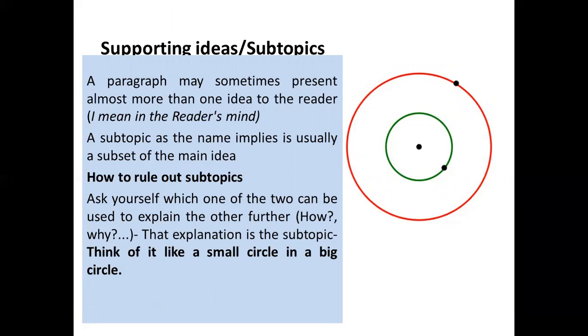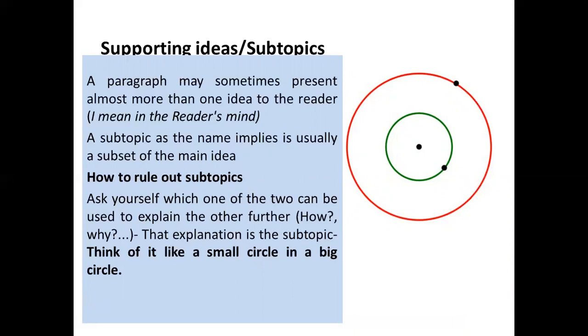And IELTS is going to list that same supporting idea in the list of headings because they know you are likely going to make that mistake. So it's like a pit being dug for candidates, but you have to be smarter than that. So how do you rule out subtopics or supporting ideas and you don't conclude they are the main idea?